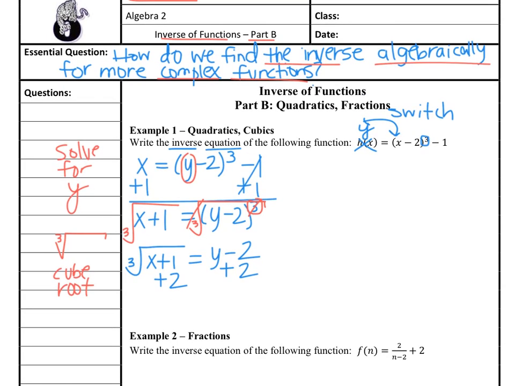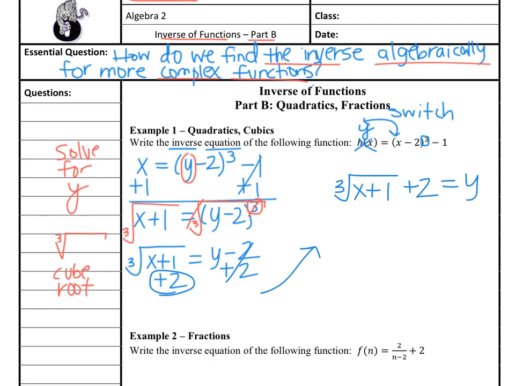And when we do so, those 2's cancel out. And when we write this over here, you can't add that 2 onto the x plus 1 underneath the cube root symbol. So you're just going to tack it on the end. So it's the cube root of x plus 1, plus 2, not underneath the cube root symbol, equals y.